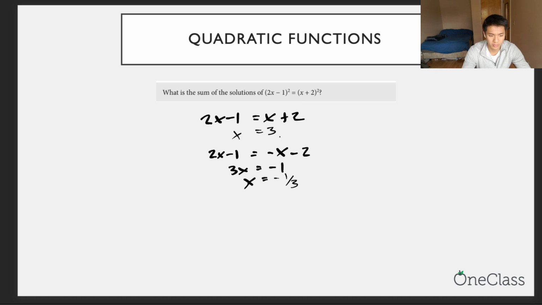Okay, so the correct answer here is going to be 3 plus 1/3, so 8/3. And so that's going to be our solution. x equals 3 plus negative 1/3 is equal to 8/3, right?